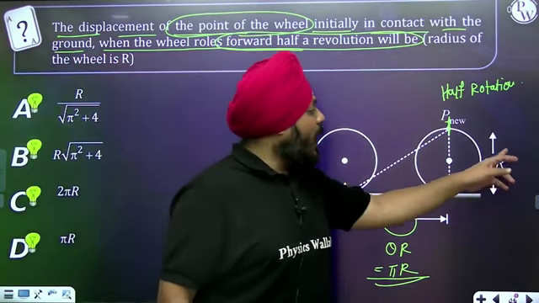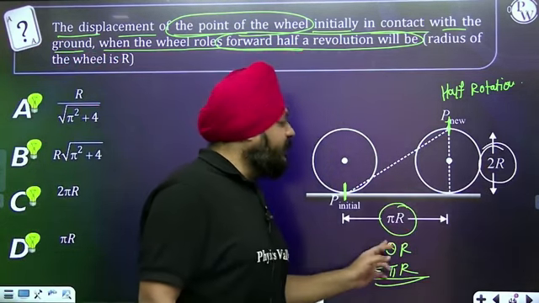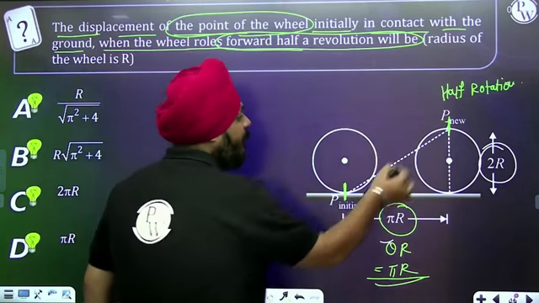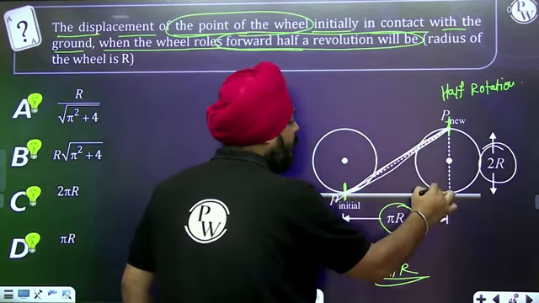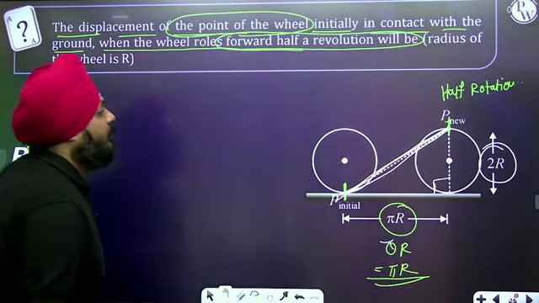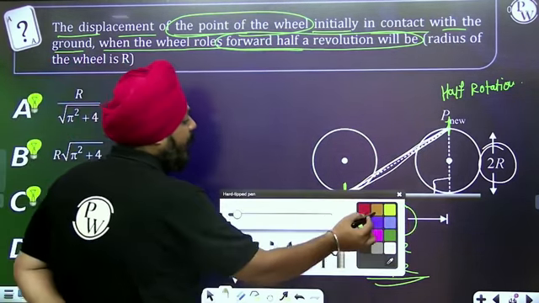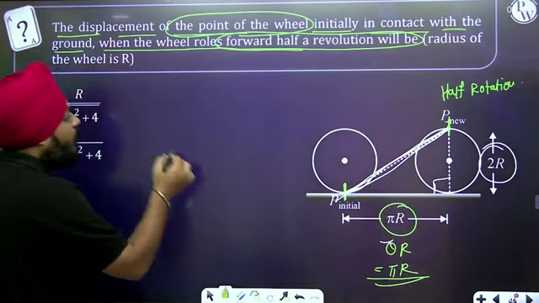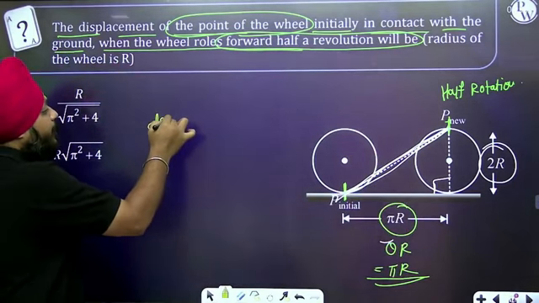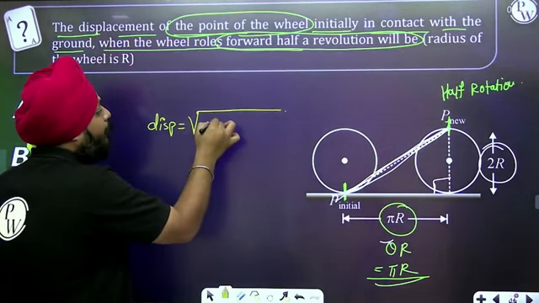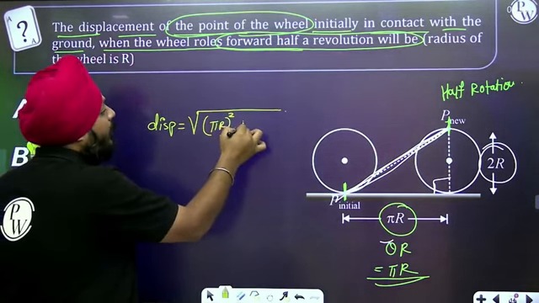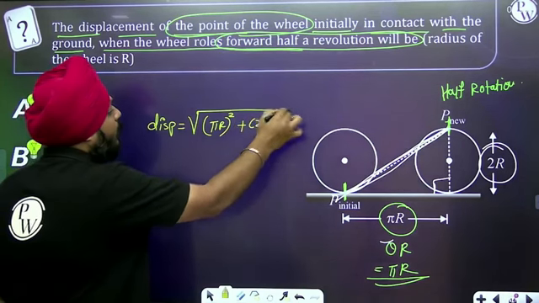This is the radius 2r. This is the distance covered pi r. Can we say this is between the initial and final point? This is the displacement. Can we apply the Pythagoras theorem? On applying the Pythagoras theorem, finally we are going to get the displacement. So the displacement is equal to under root of pi r whole square plus 2r whole square.